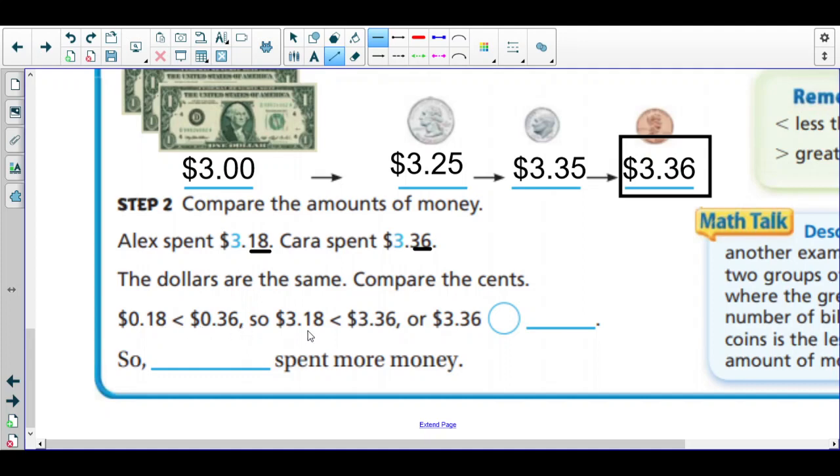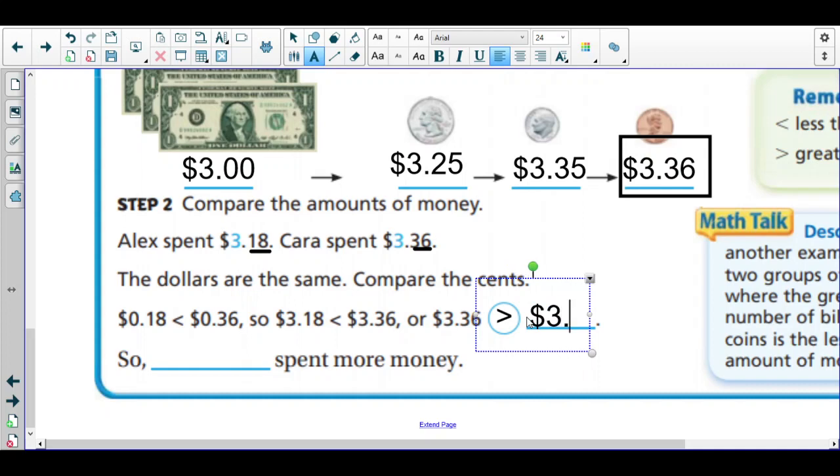All right, so $3.18 is less than $3.36. Or we could also say that $3.36 is greater than $3.18. All right. So Kara was the one that spent more money.